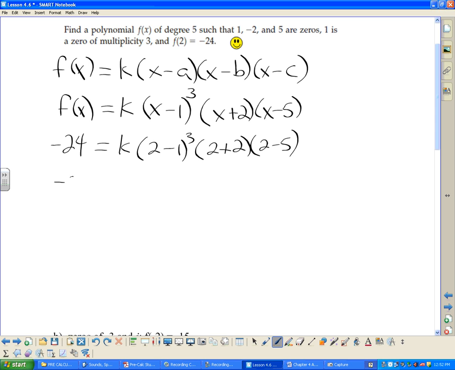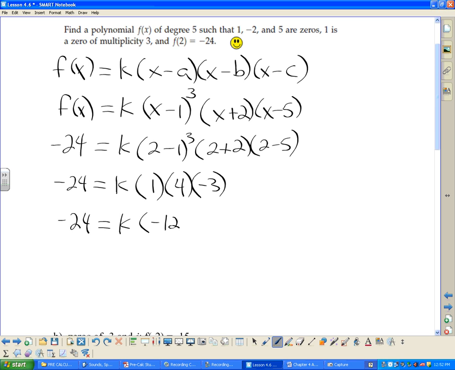So we have -24 equals k times, so we get 2 minus 1 is 1, to the third power is 1, times 4, and 2 minus 5 is -3. So we get -24 equals k times, and 1 times 4 is 4, times -3 is -12.